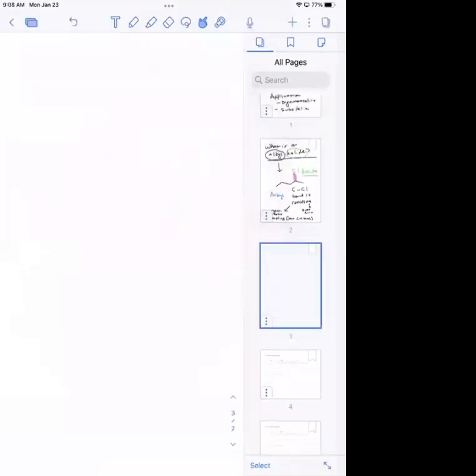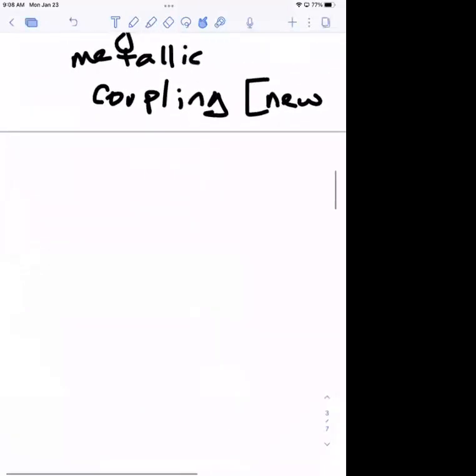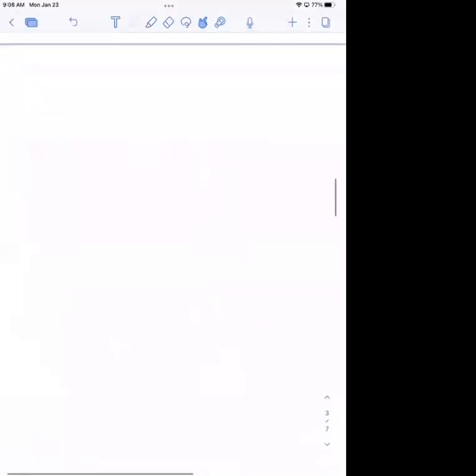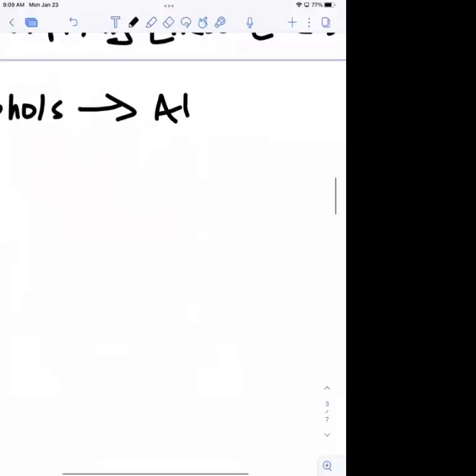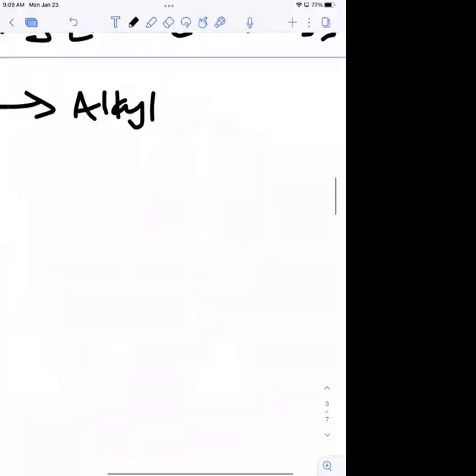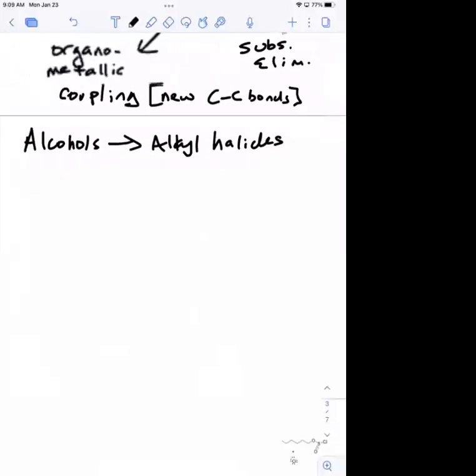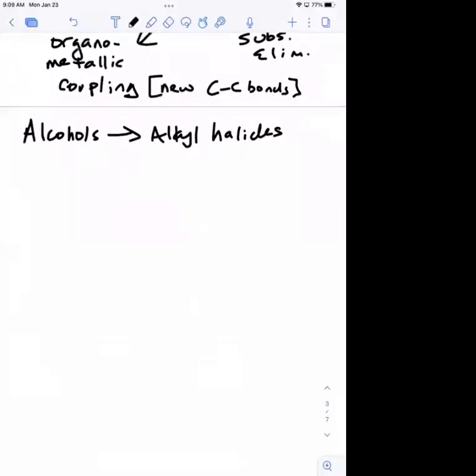We're going to talk about 3 ways to convert alcohols into alkyl halides today. Well, we won't get to all 3 today, but this week. Right, 3 methods.